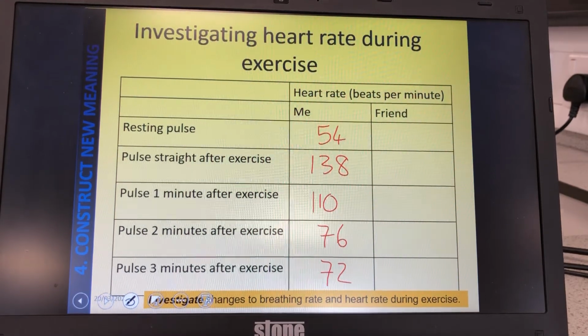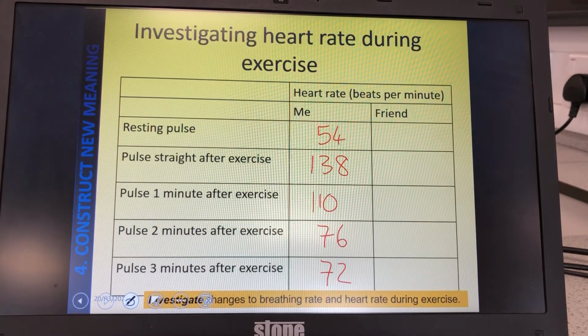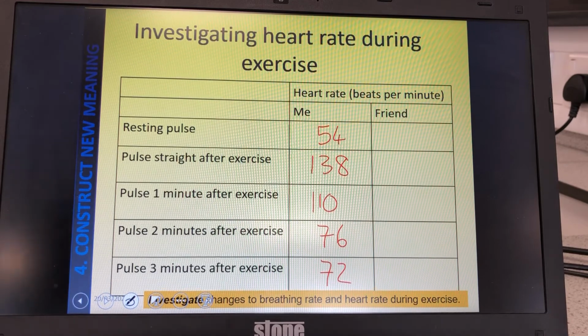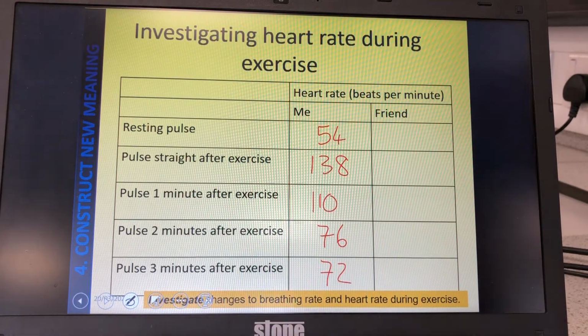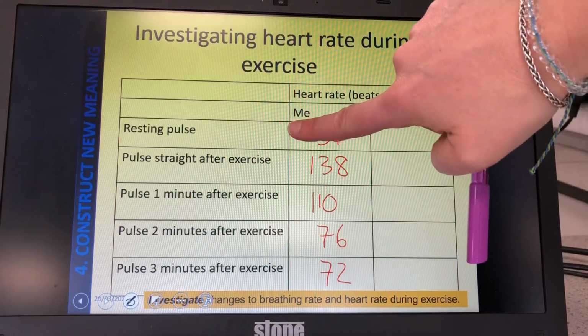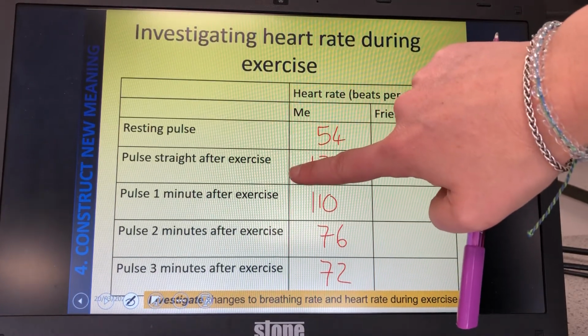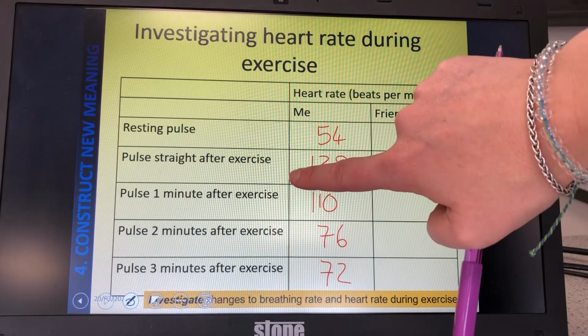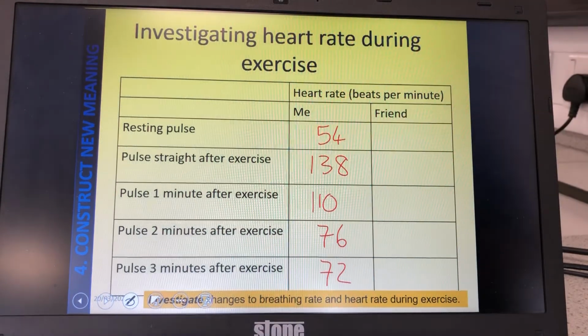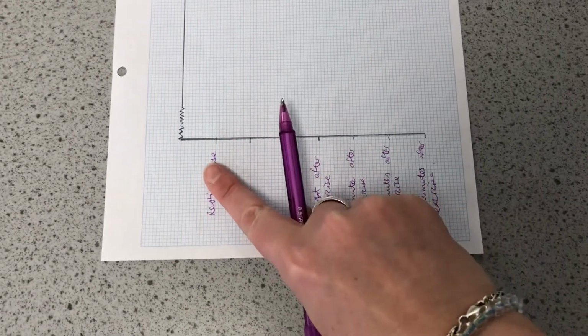Okay, now I've actually started drawing my graph already, so I can show you how to lay it out. We've got to remember that here we had our resting pulse, and then we had our pulse straight after exercise. And I've represented that on the graph. So here is the graph I've started to draw, and I've got resting pulse.